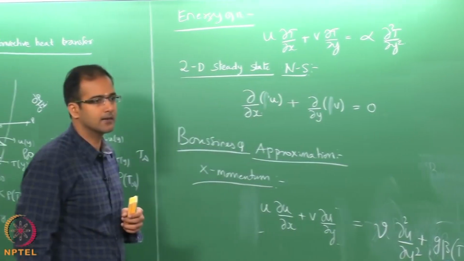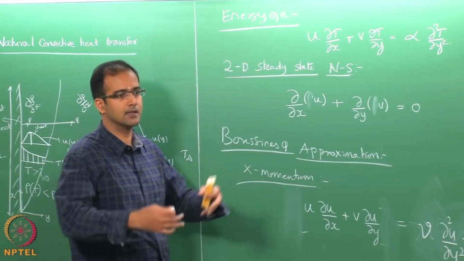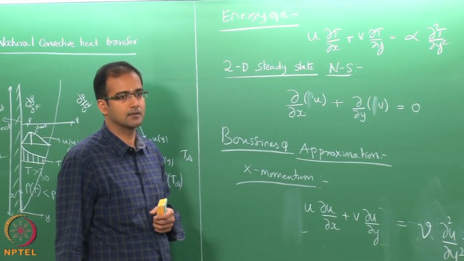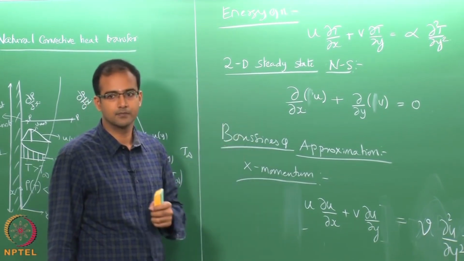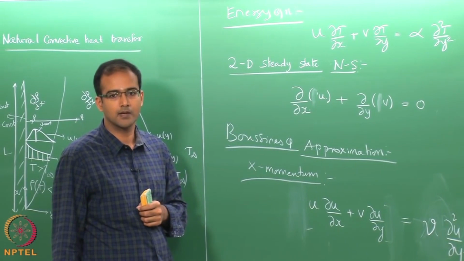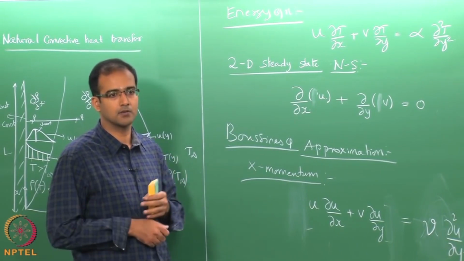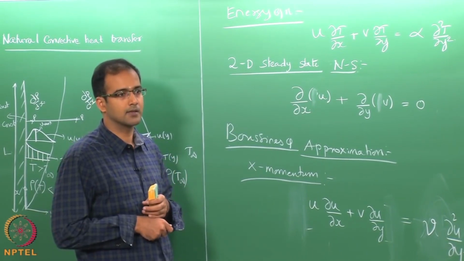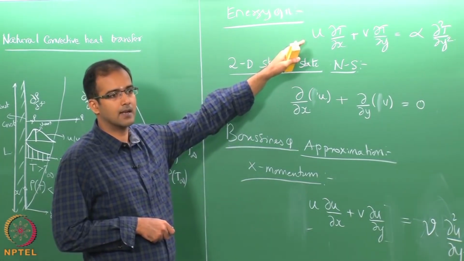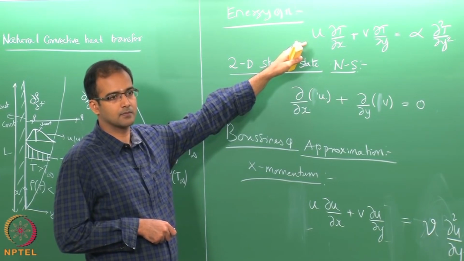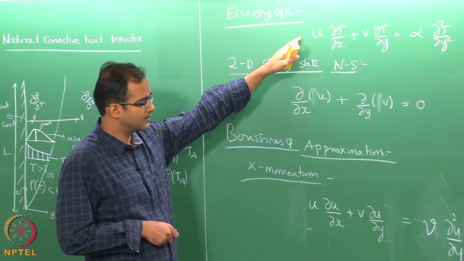You can neglect heat diffusion in the x direction with respect to y, and if you also neglect the viscous dissipation, we are talking about small values of Eckert numbers. In that case this will be the same as your external laminar forced convection past a flat plate. Okay. So, this will not change.